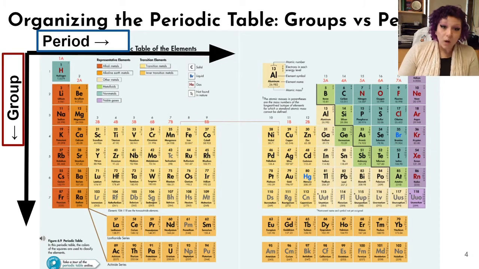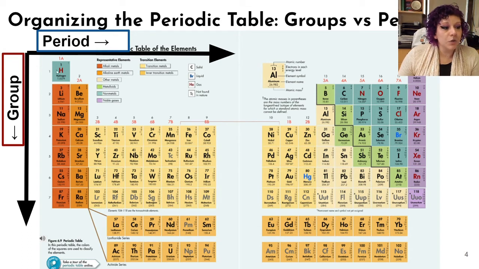So organizing the periodic table, we have groups versus periods. Now, when the scientists who developed the modern periodic table were putting it together, they decided to give the rows and columns very specific names. So our vertical columns are called groups, and our horizontal rows are called periods.